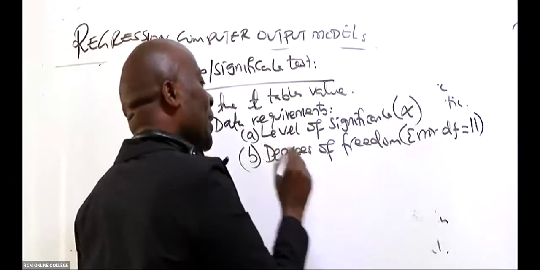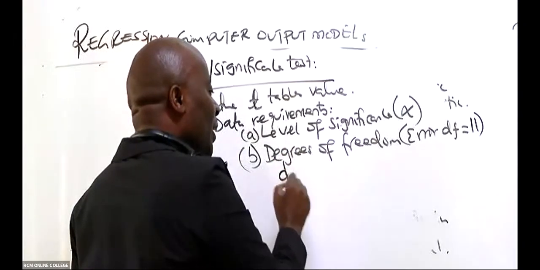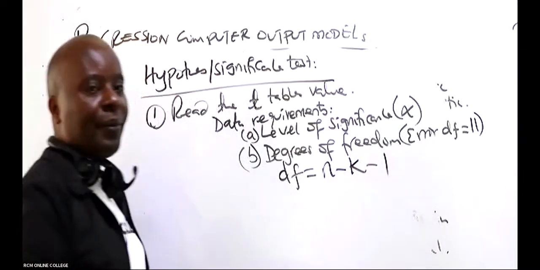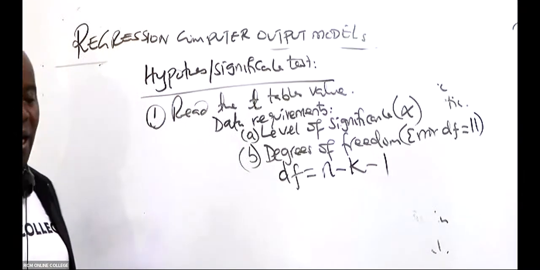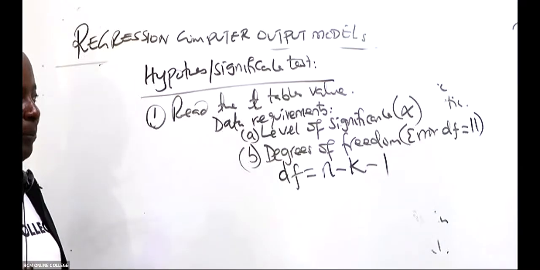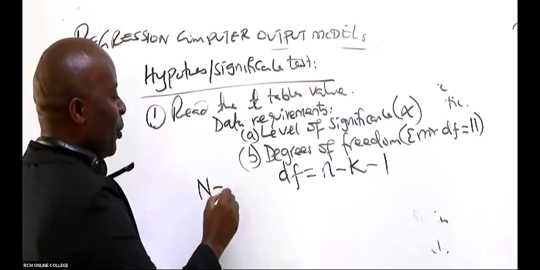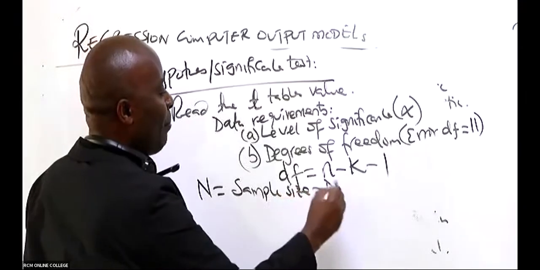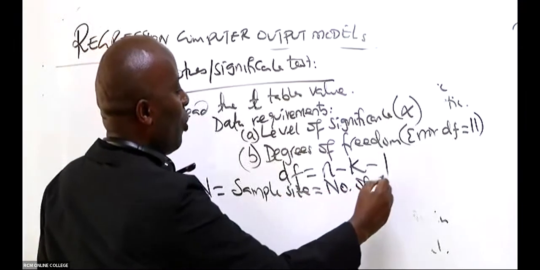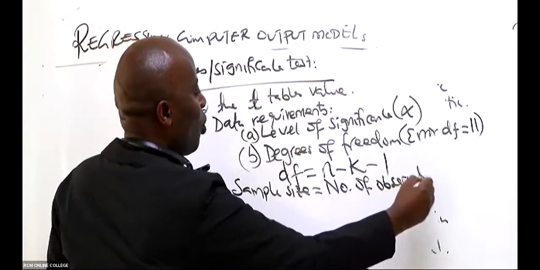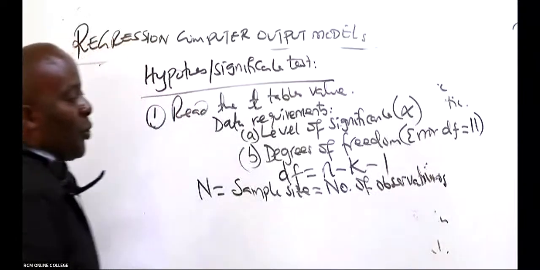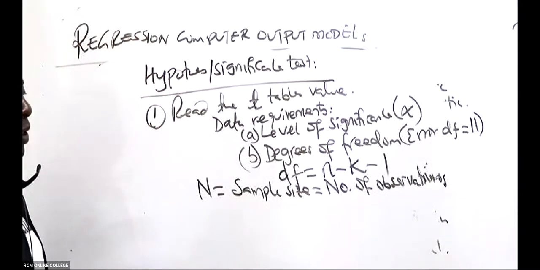In most cases, you must remember the formula of getting this. To get these degrees of freedom, we normally take n minus k minus 1, where, of course, n is the sample size, or number of observations.